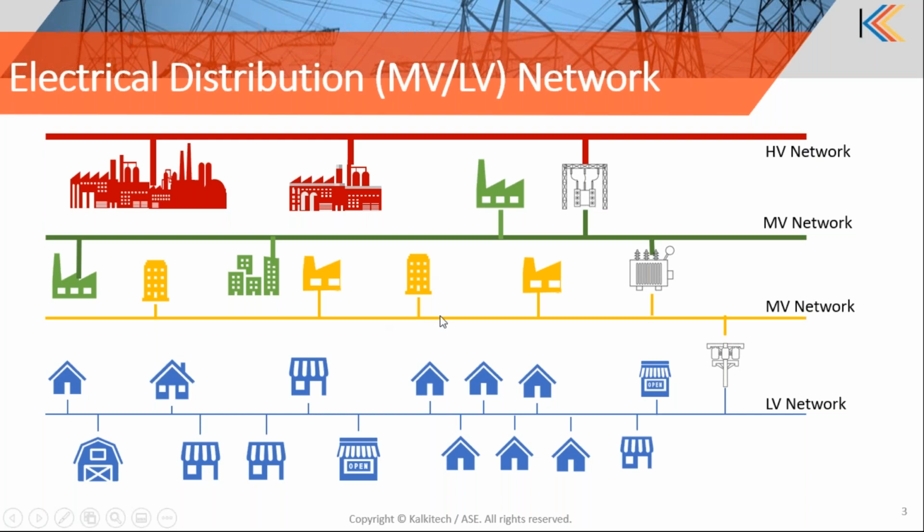Small scale industries or buildings will be connected to a low voltage MV network, as well as big heavy industries will be connected to a high voltage level. And on the LV side, we'll have the residential customers as well as small business enterprises and business stalls, etc., which would be mainly consuming a three-phase low voltage or the single-phase low voltage network.